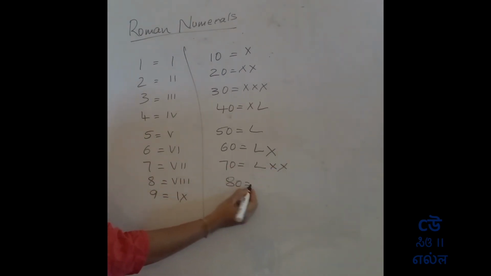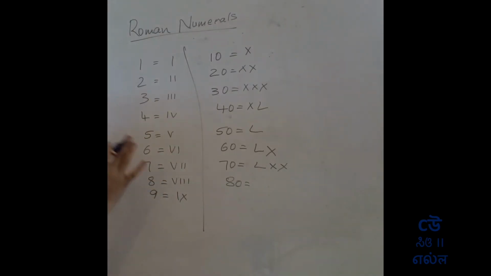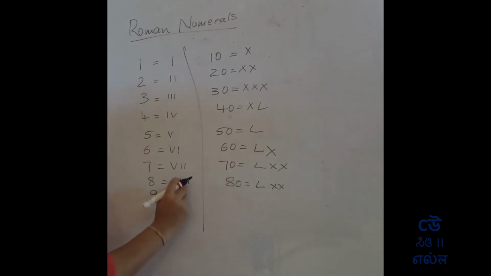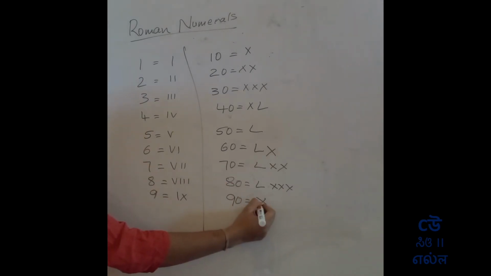This is an easy trick how I am telling you to remember. Next V is there, so here we will write L, then we will add 3, so 3x will get. For 90 you have 1x, so for 1x it's changing again. It's completely changing, so 90 will also change to xc.